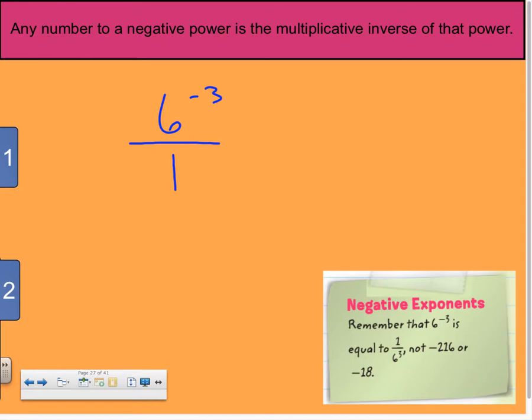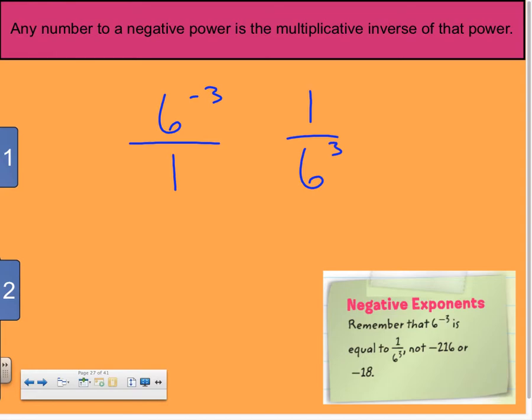And so the flipped version of that would be 1 over 6 to the third. And then what we're able to do is take away that negative sign. Okay? So 6 to the negative third, we can flip it, put it in the denominator, take away the negative sign, and that's how we can rewrite a negative exponent in a positive way.